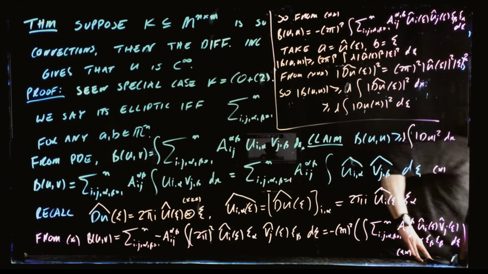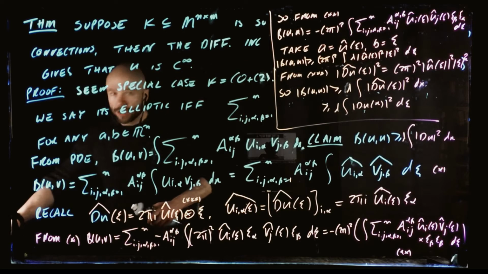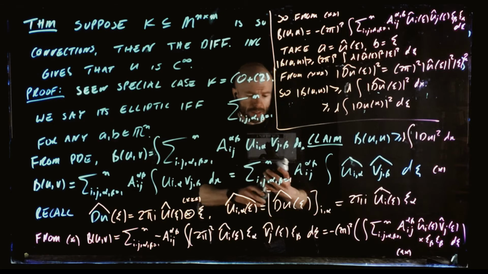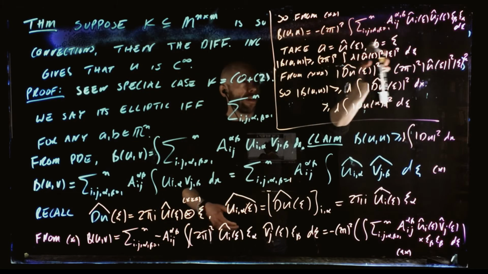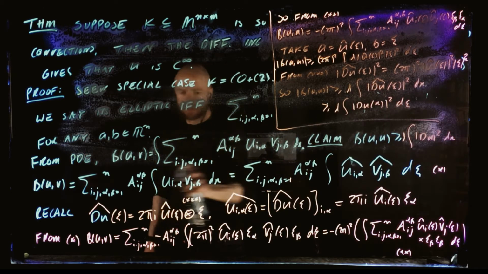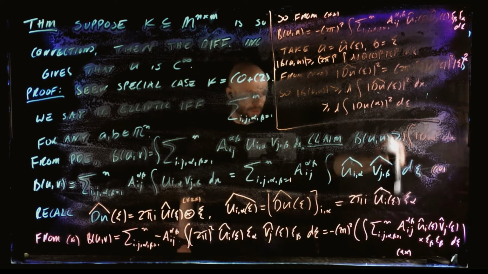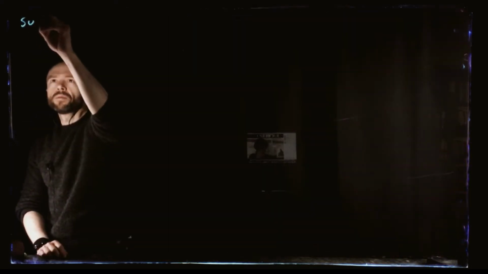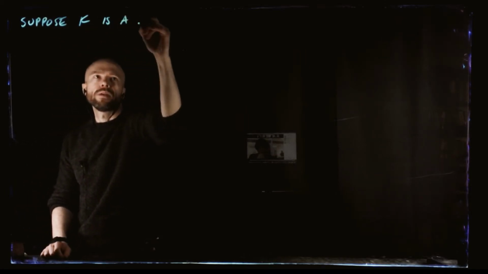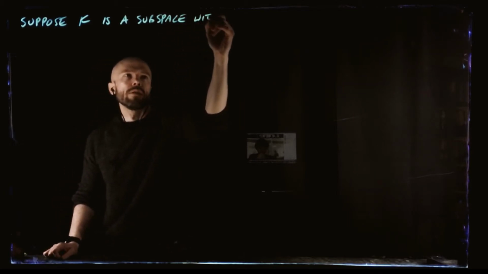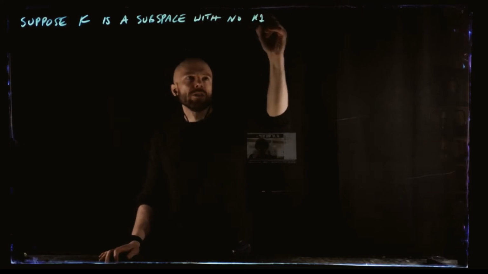So, I claim that this condition is somewhat natural because we can show this estimate. And now we're going to see how that connects to subspaces without rank-1 connections. Suppose K is a subspace with no rank-1 connections.